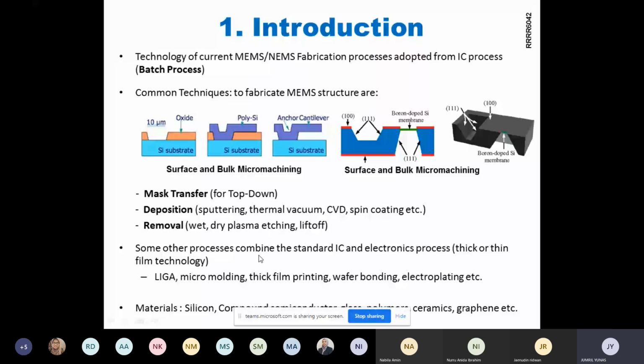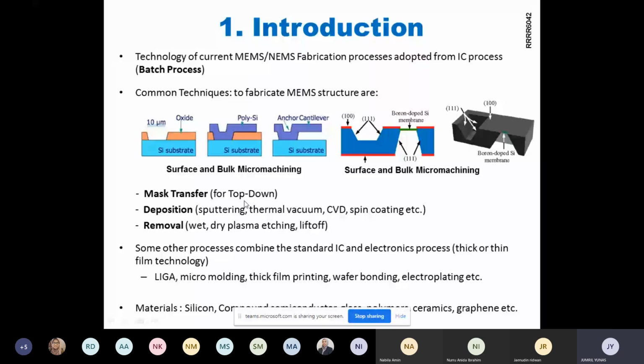Okay, actually this structure can be fabricated by three basic processes, namely transfer of mask transfer. This is especially for a top-down process.